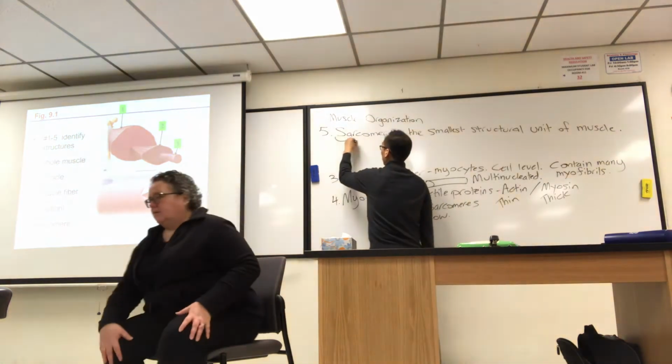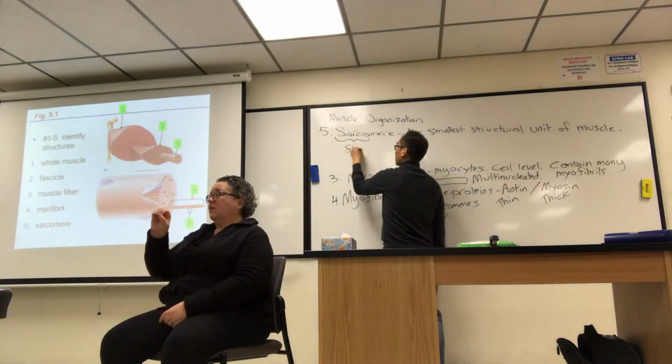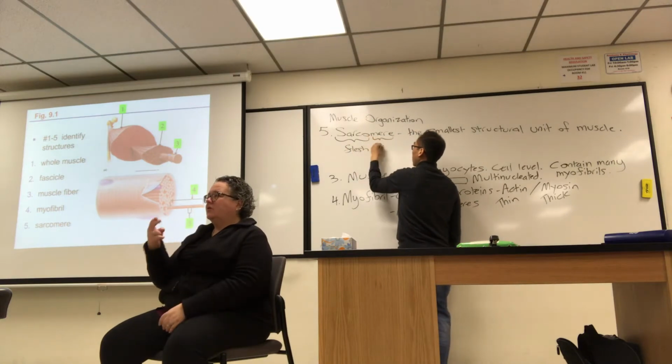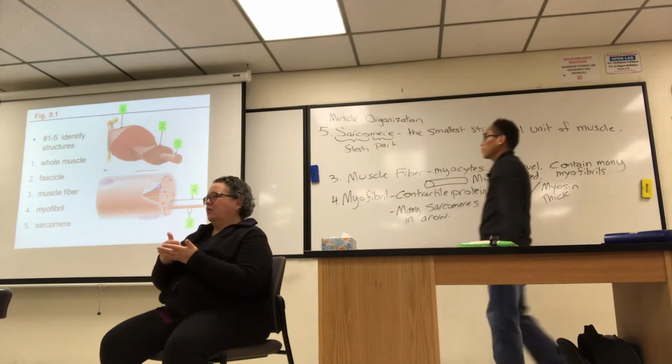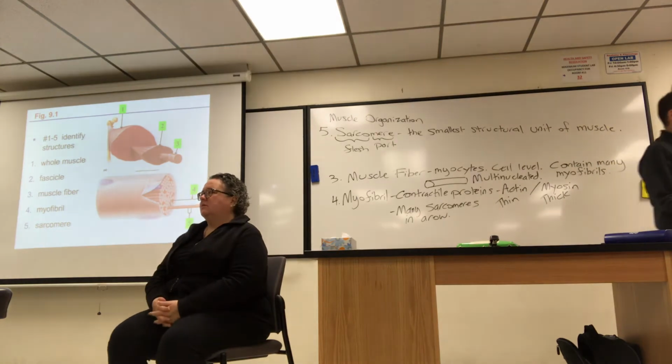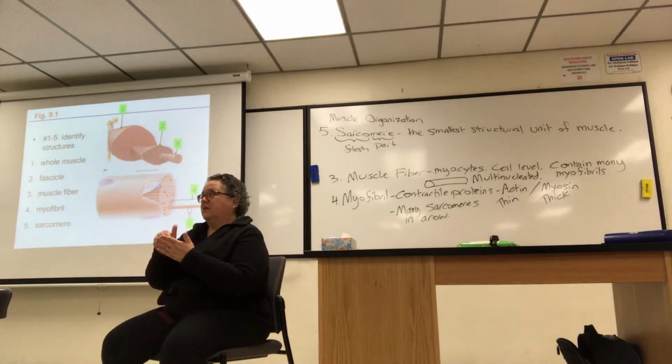The word root sarco means flesh. Mere means part. So you see sarco a lot. Okay, so that's how muscles are organized.